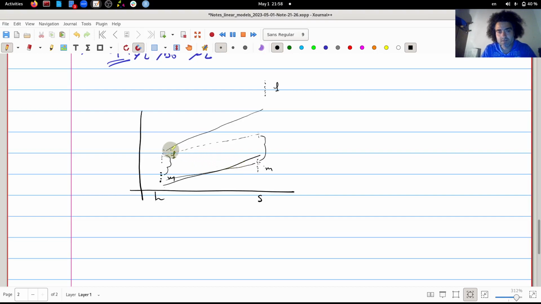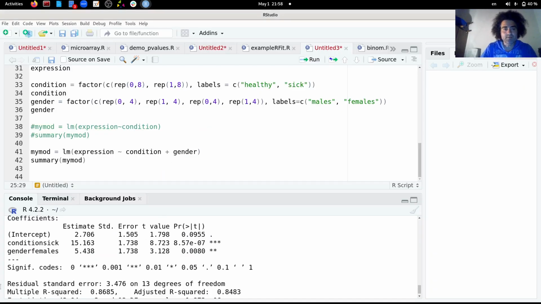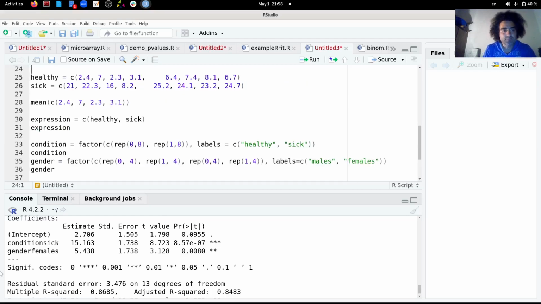The prediction then for these guys will be this one, whereas the mean value will be a bit lower. The prediction for these guys will be this one, but the mean value is a bit higher here. Okay, let's go back to our data.